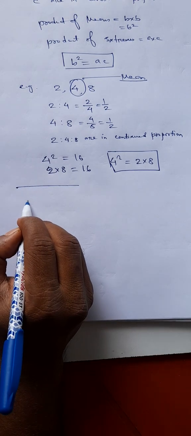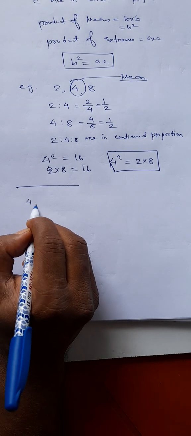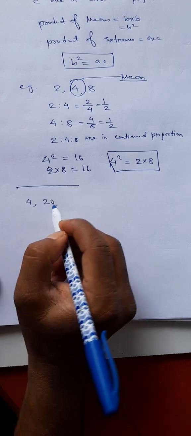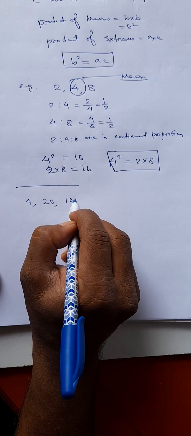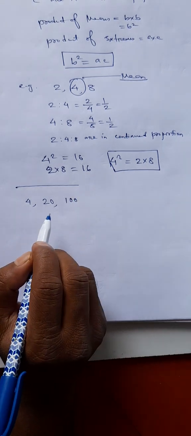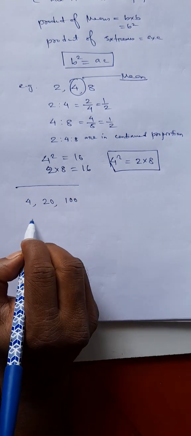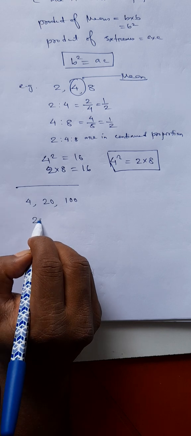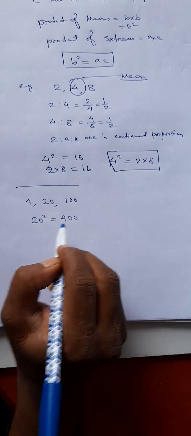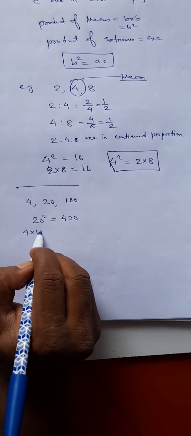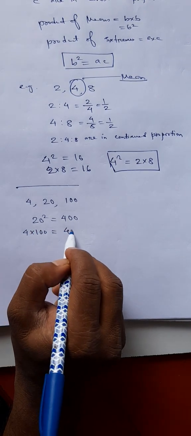Now let's check here. Say for example 4, 20 and 100. Let's check whether they are in continued proportion. Square of the mean, 20 square equals 20 into 20, 400. Product of extremes, 4 into 100 equals 400.